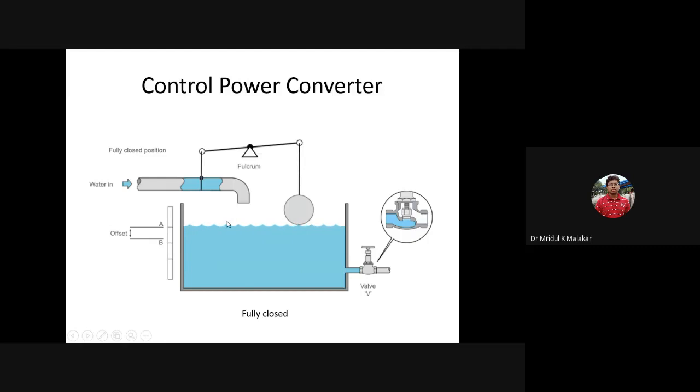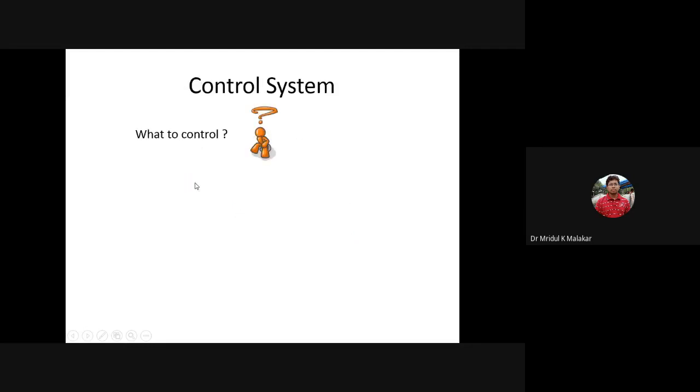Now the question automatically is what I am controlling. It is the flow rate of the water I am controlling. This flow rate is actually an input of the system. In the total control system, if we know the complete system dynamics, finally we have to decide what input to select to set the control system or regulate the system output.